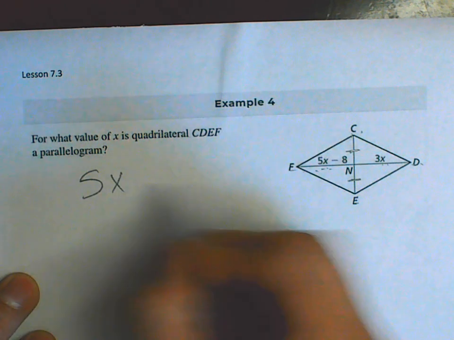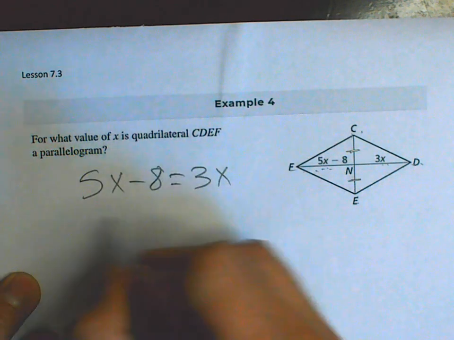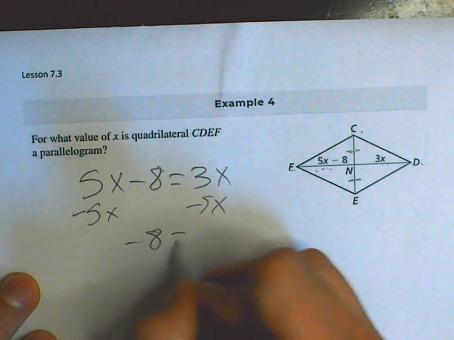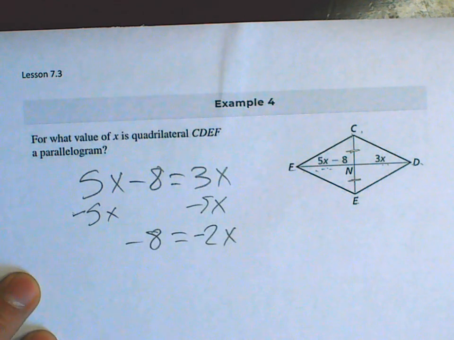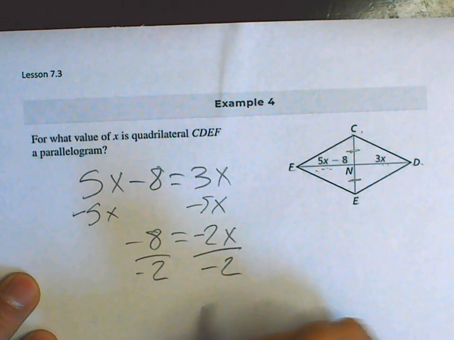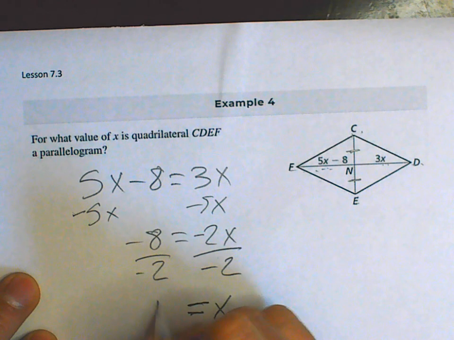So 5x minus 8 equals 3x. Subtract 5x and you get negative 8 equals negative 2x. Divide both sides by negative 2 and x is equal to positive 4.